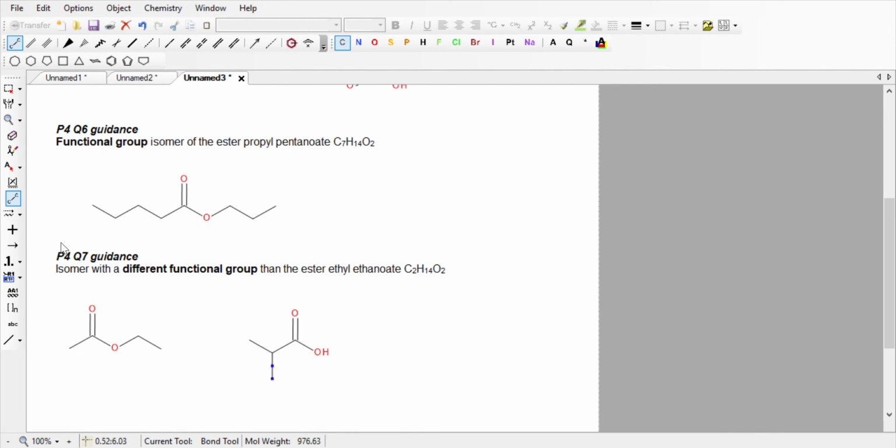Actually, you have to do it branched for it to be an isomer for the number of hydrogens. That's interesting. So we end up with this, a new isomer with a carboxylic acid functional group, a different functional group.